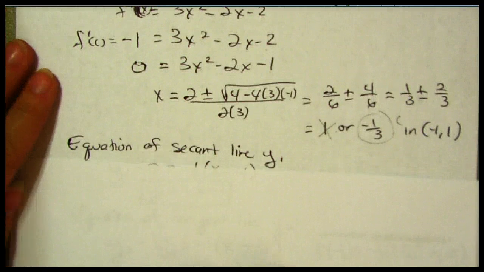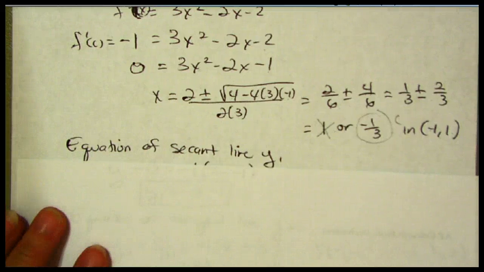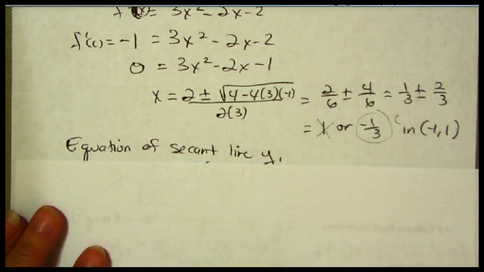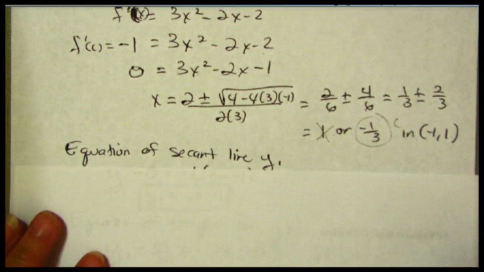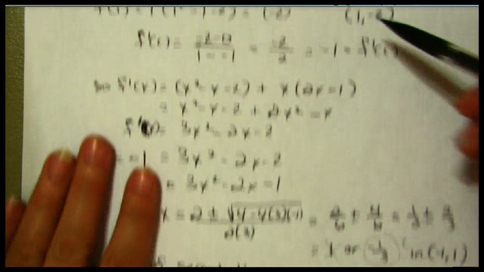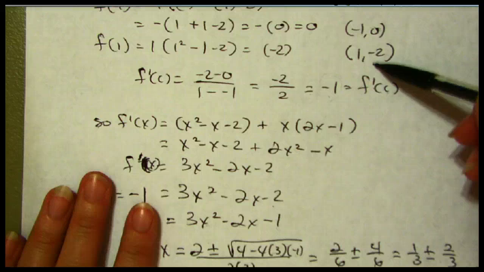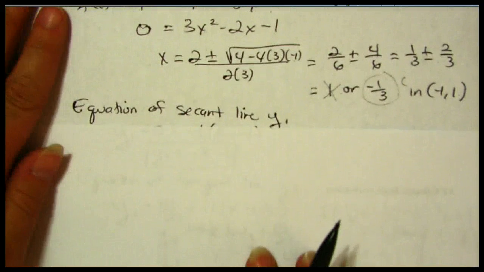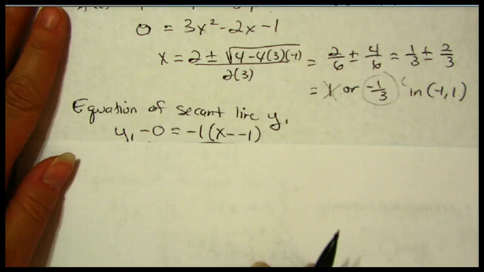So let's actually take it a step further, as you will in some of your homework. The equation of a secant line, we'll call that line 1, y1, for these 2 points, we're going to write the equation of a line through those 2 points. And so how do I do that? I'm going to use the point slope form.